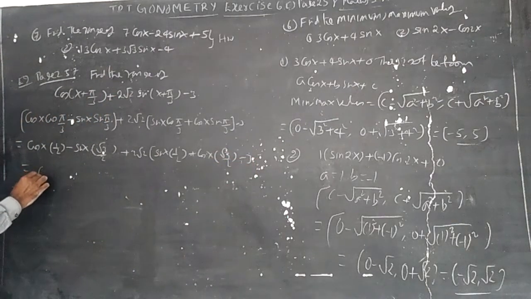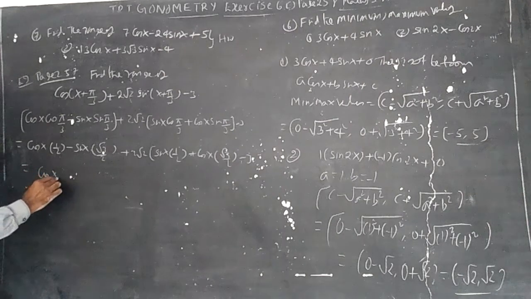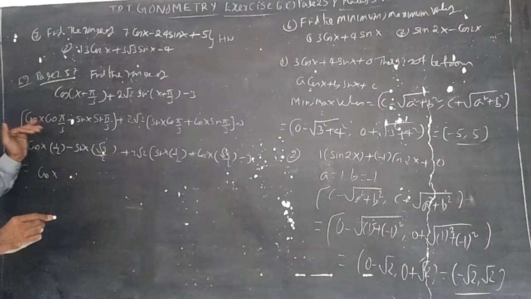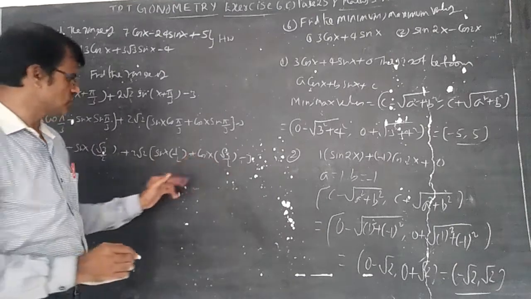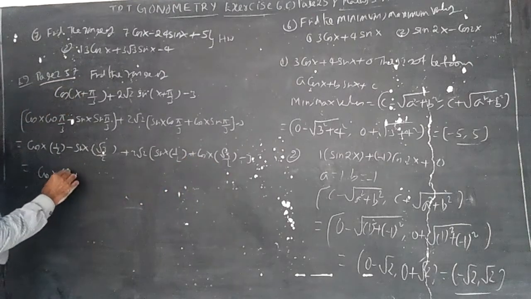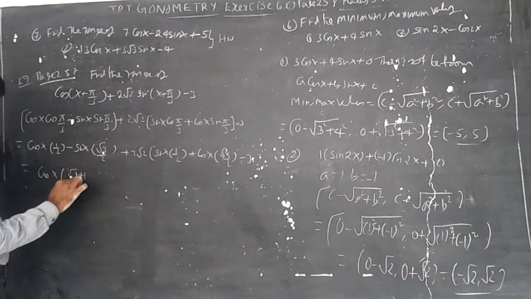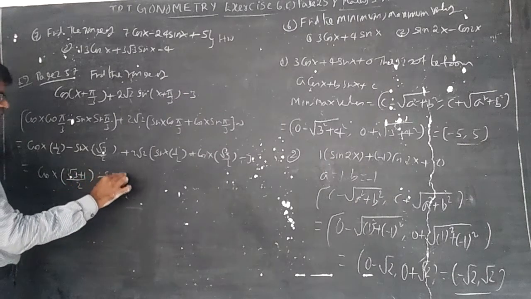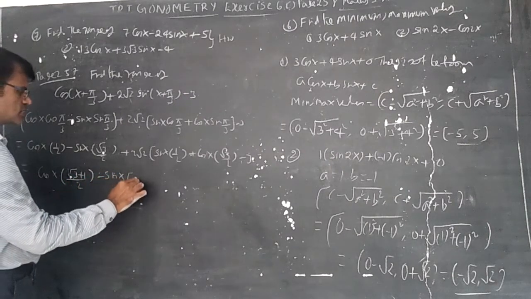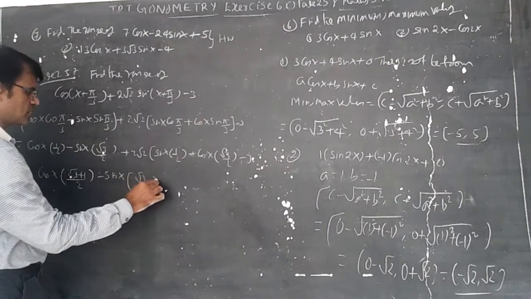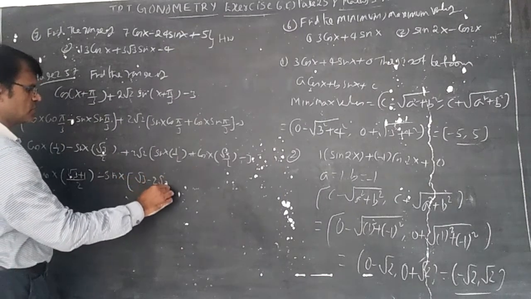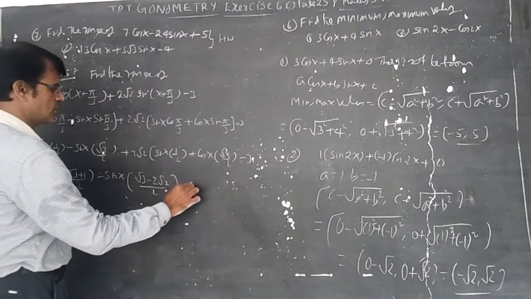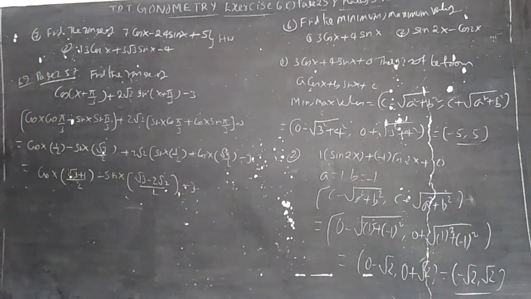Taking cos x common: root 3 plus 1 by 2. Next, taking minus sin x common: root 3 minus 2 root 2 whole by 2, minus 3 at last.